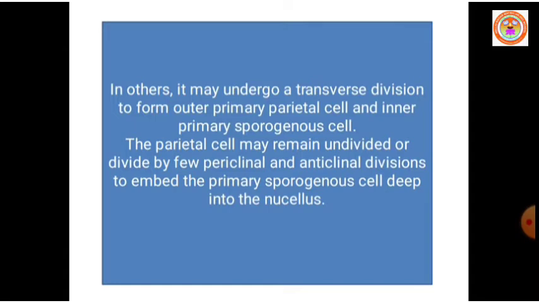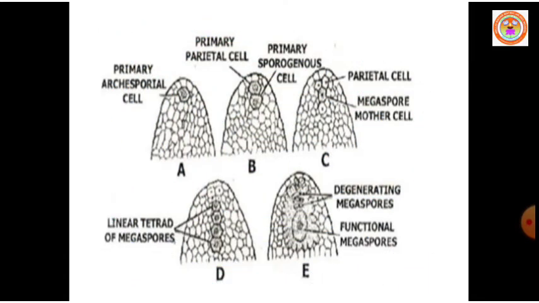You can see in this picture the primary archisporial cell, which forms the outer primary parietal cell and the inner primary sporogenous cell, and the primary sporogenous cell later develops into the megaspore mother cell.